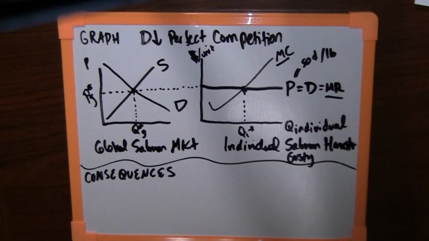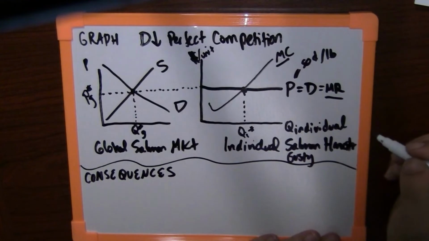The next curve that we need to draw is average total cost. And unlike marginal cost that we could draw anywhere we wanted, there is only one place that average total cost can be in the long run of perfect competition. And that is where profit is 0. Because in the long run equilibrium, people would have entered or exited until profits were 0.